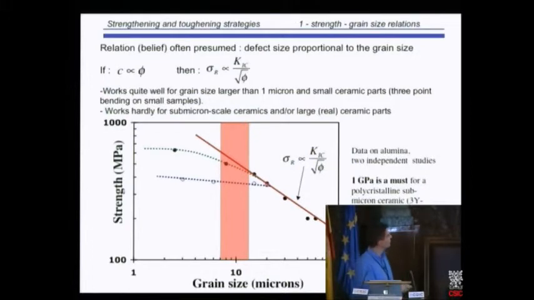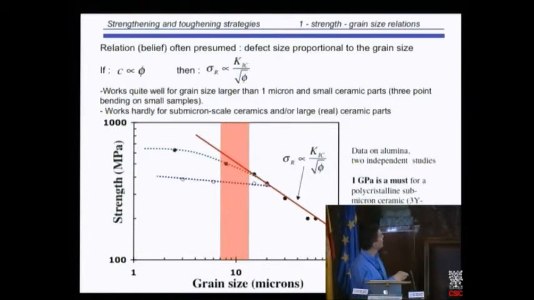experimental results. But when you reach low grain size, it seems that for these two examples, and people have worked well, there is no more increase of the strength by decreasing the grain size. And that's quite obvious to me. The critical flaw is not related to the grain size. It's related to something else: agglomerates, bubbles, defects created by grinding.